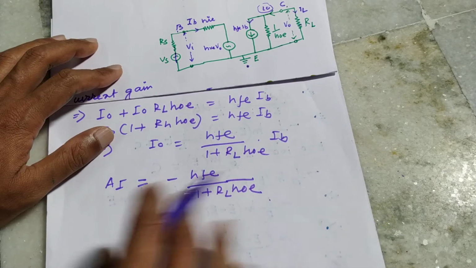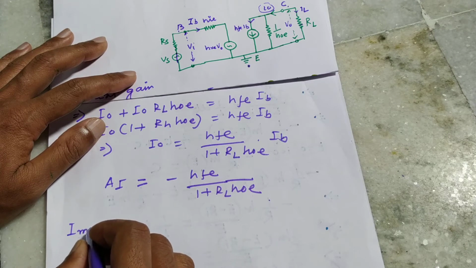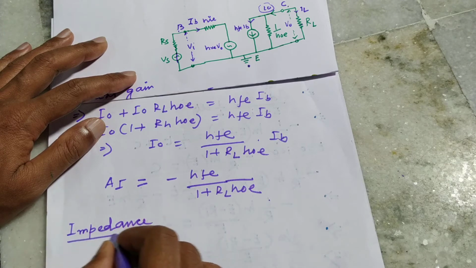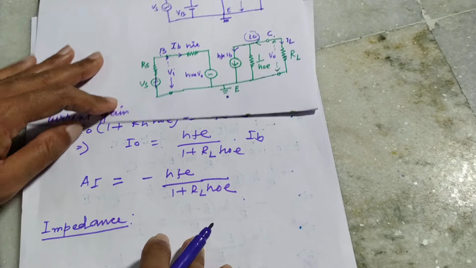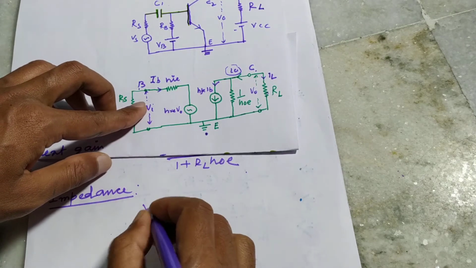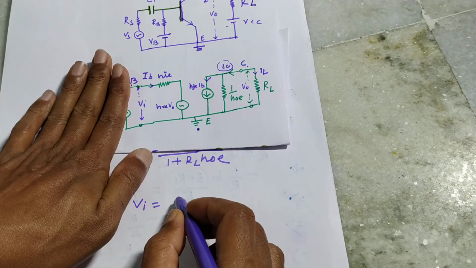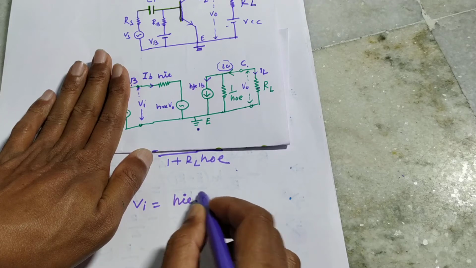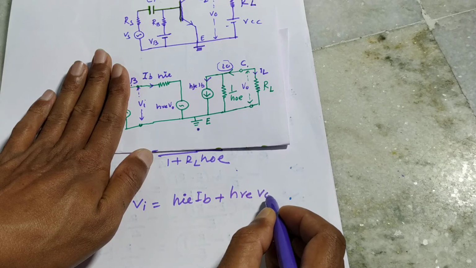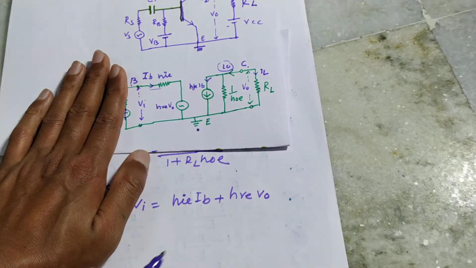Okay. Now I will calculate the input impedance. From the circuit we can write the input voltage VI equal to, see here, VI is equal to hie IB plus hre into V0, the voltage provided by the voltage source and the voltage drop across the input impedance.